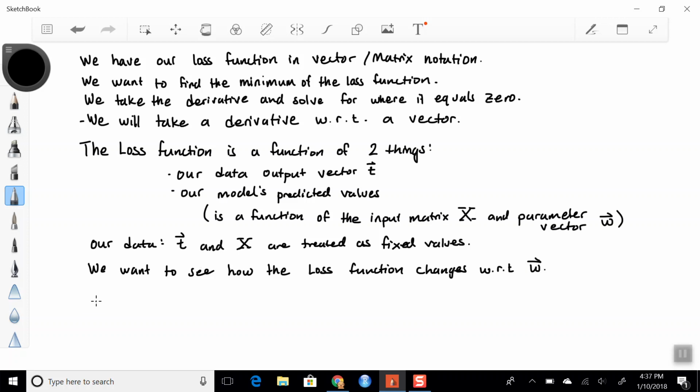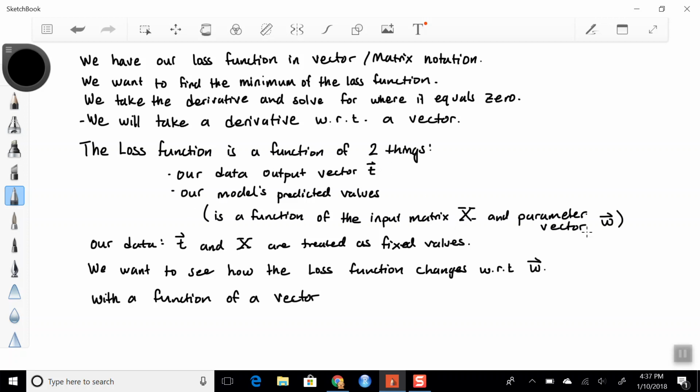So with a function of a vector, this is our loss function.